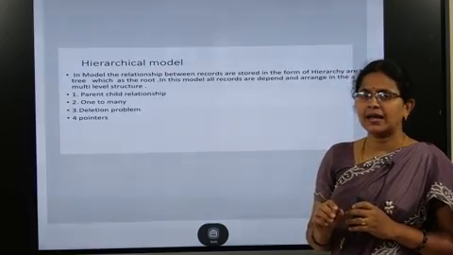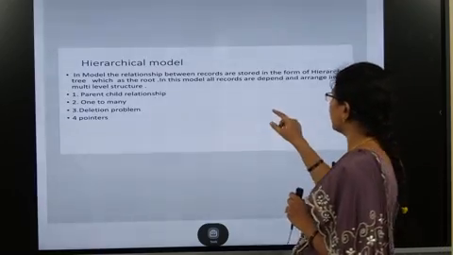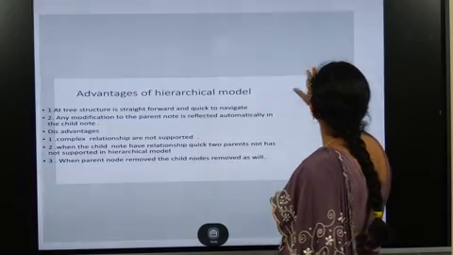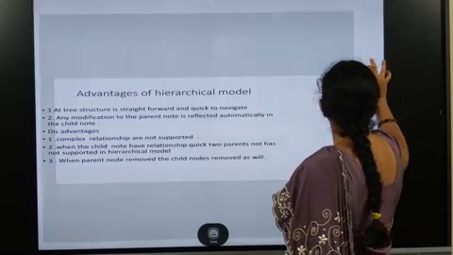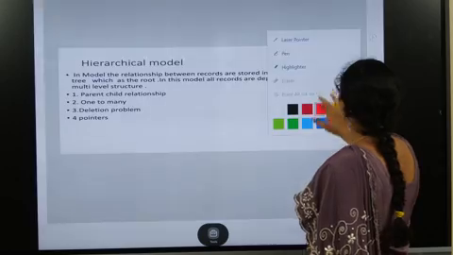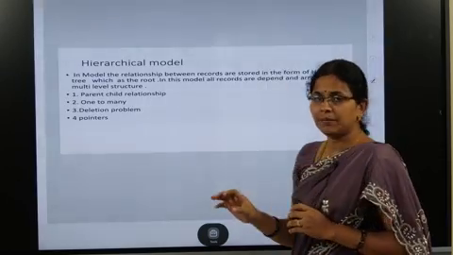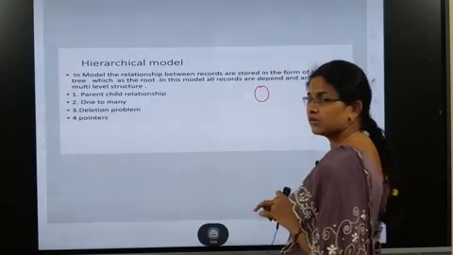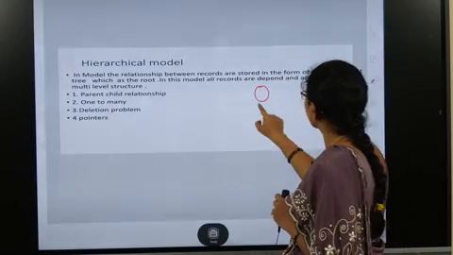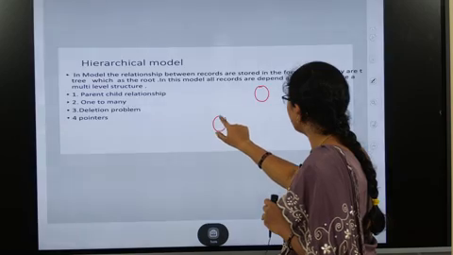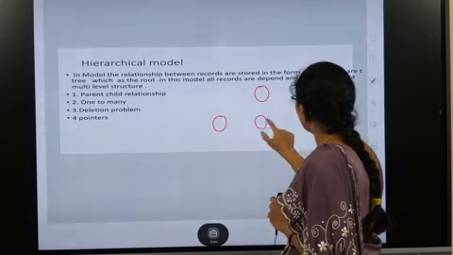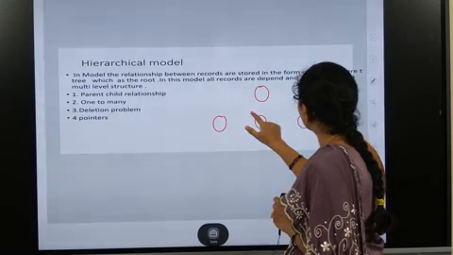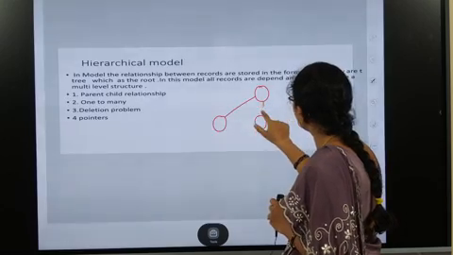Now, what is the hierarchy about? Generally here we are talking about the tree system. So this one is a root, and this root has mainly three subroots.